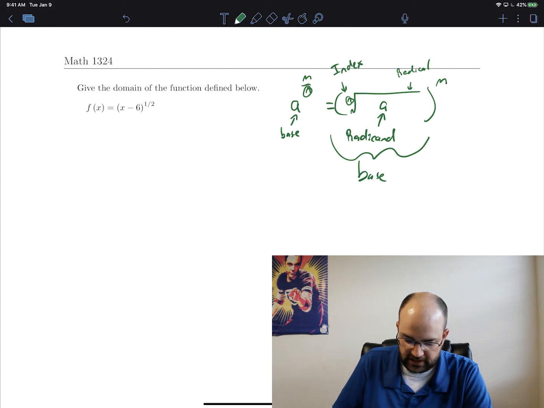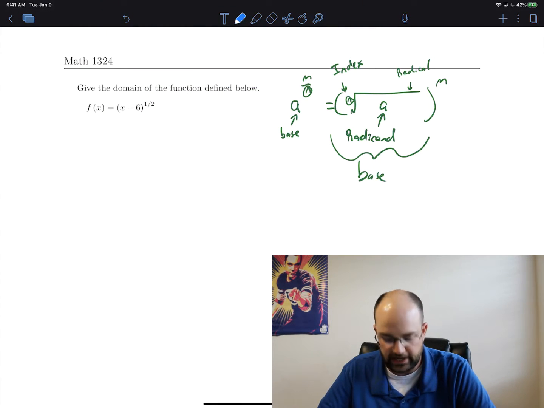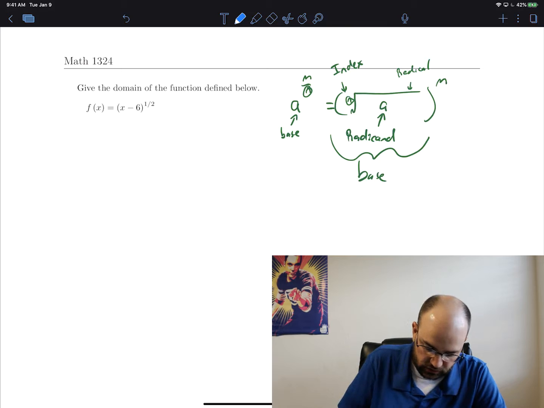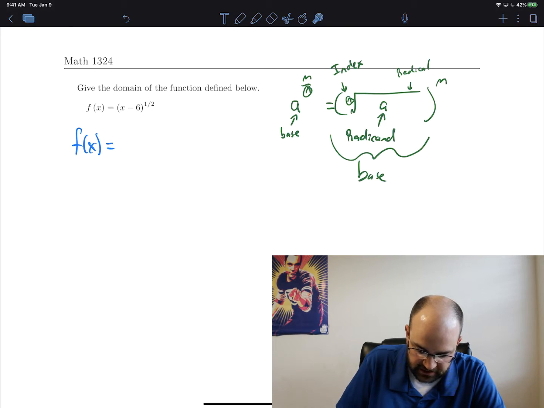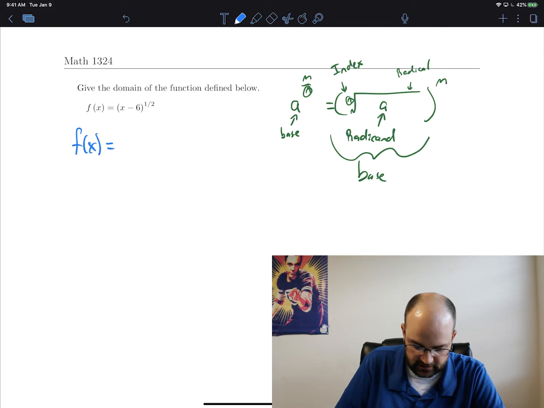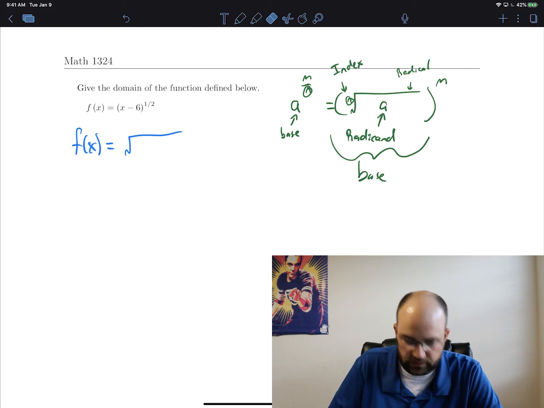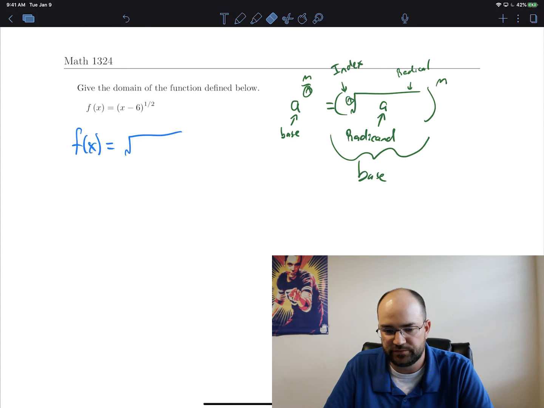Now if we apply that to f of x equals x minus 6 to the 1/2 power, what we actually have here is f of x equals, now the denominator here is 2. So that means we're going to have the root symbol with a 2 right there, but we don't ever write it. It's like putting a 1 in front of a variable.